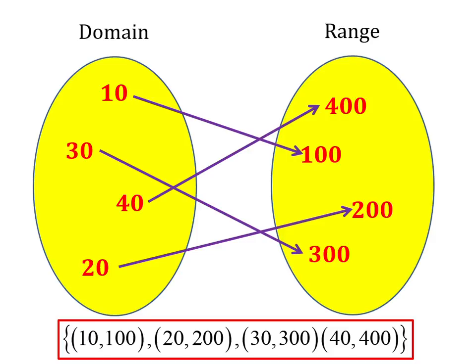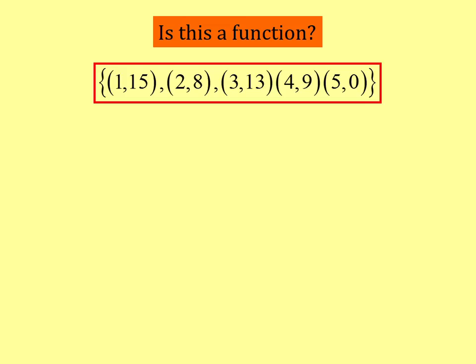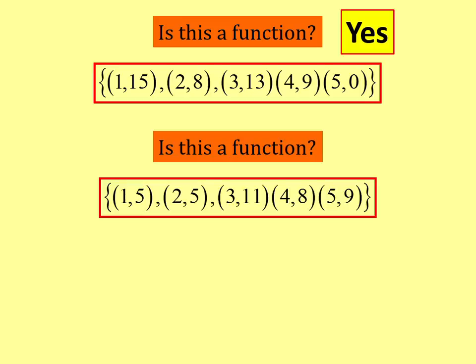The first number being the domain number, second number being the range number. And we want to know, is this a function? 1 gives a 15, 2 gives an 8, 3 gives a 13, 4 gives a 9, 5 gives a 0. Does every domain number give only one range number?